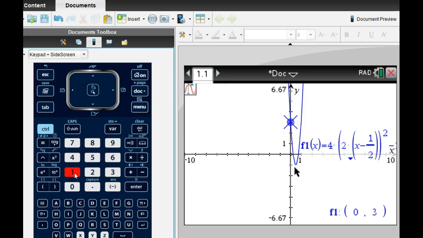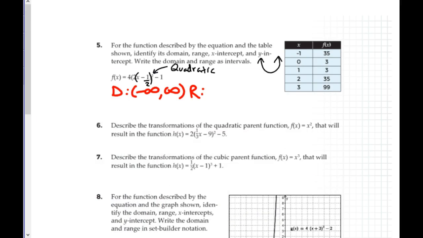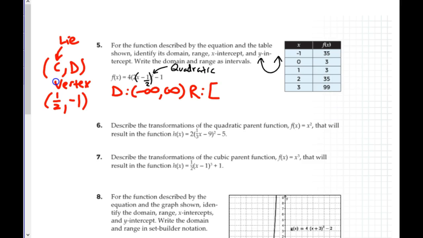Menu 5-1. (0.5, -1). Now remember, you can get the vertex out of the equation. You use C, D for the vertex. So the vertex is (+1/2, -1). Remember, C is a lie. So the furthest down it goes is -1, and it goes up forever to infinity. And we have to use brackets because it includes that number.